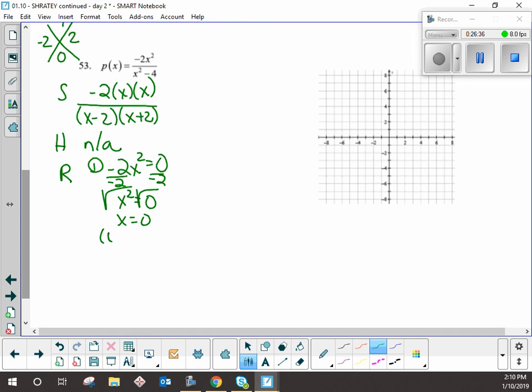And that would give you the point 0, 0. If you let the factors equal 0, the negative 2 part you don't have to worry about, but you would let x equals 0 and x equals 0, so this is the second way. You let the factors both equal 0, you're still getting what? 0. So you still have 0, 0.